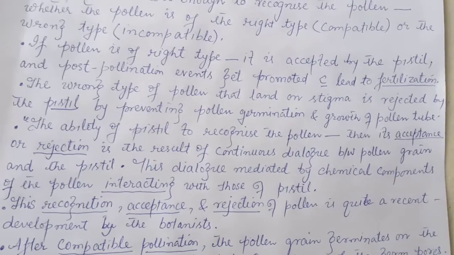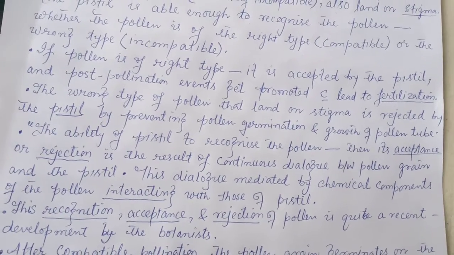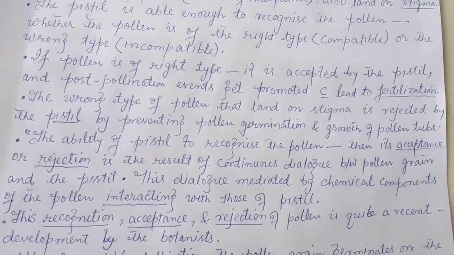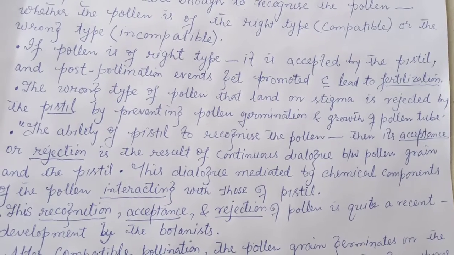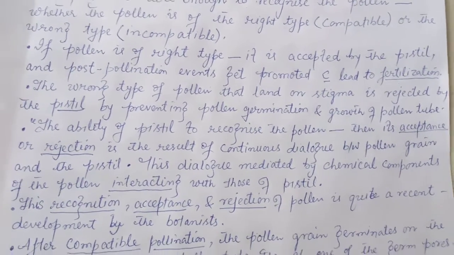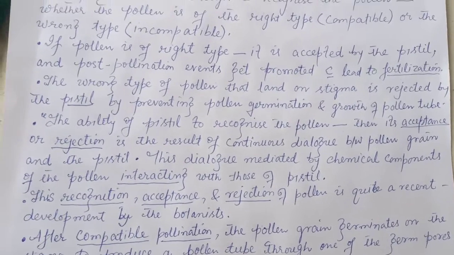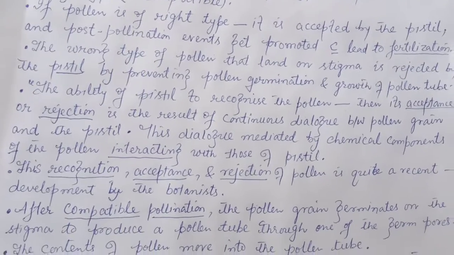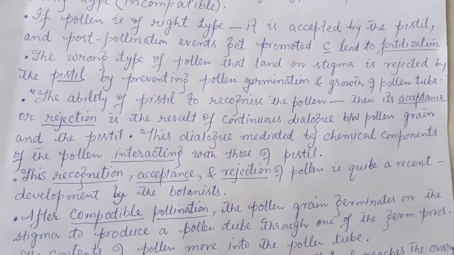This ability of the pistil to recognize the pollen, its acceptance or rejection, is the result of a continuous dialogue between the pollen grain and the pistil. That is, when a particular pollen lands on a stigma, a dialogue starts between this pollen and the pistil.